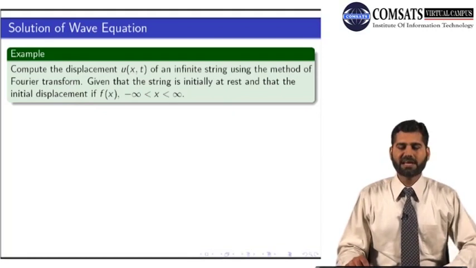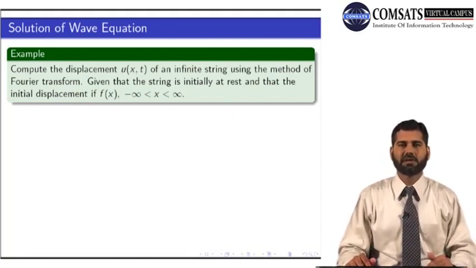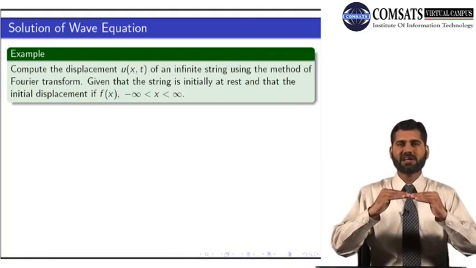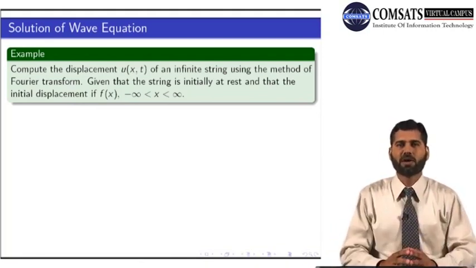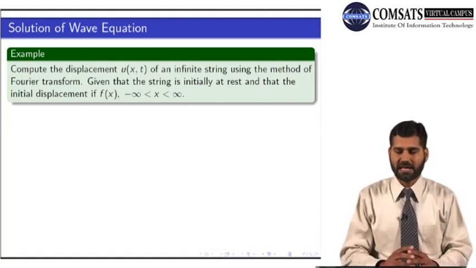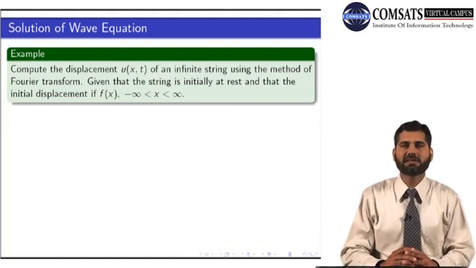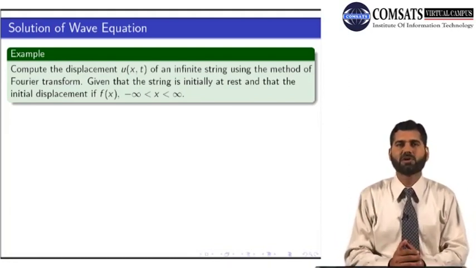Given that the string is initially at rest, so what does that mean? Initially at rest means the velocity at t equal to 0 is 0. So partial u by partial t at t equal to 0 will be equal to 0. And that the initial displacement is f(x). It means u itself is equal to f(x) when t is equal to 0.